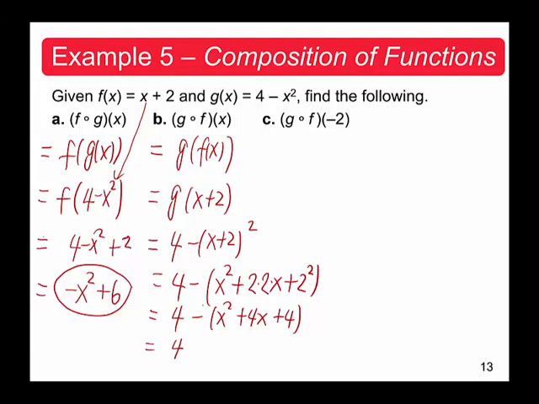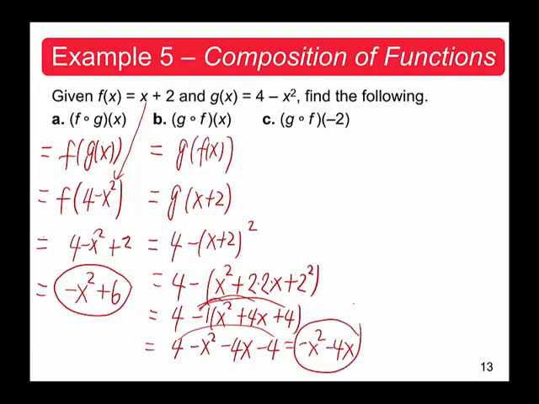It's 4 minus x squared, distribute the negative sign to every single one of these, returning everything inside the parentheses to negative. Minus 1 times plus 4x is minus 4x. Negative 1 times positive 4 is minus 4. Now these two constants cancel each other. We end up with negative x squared minus 4x as the composition of g and f.